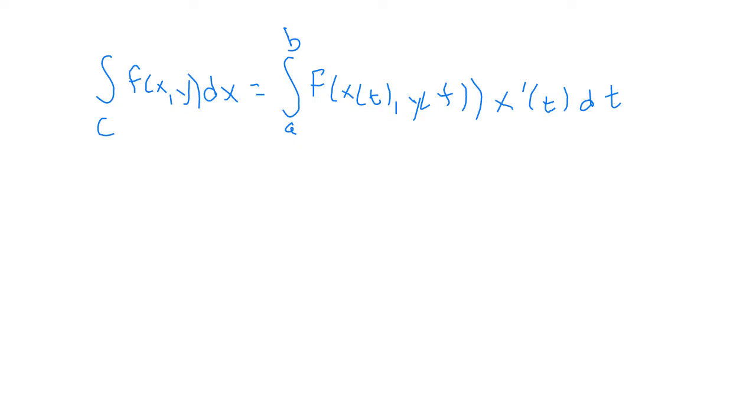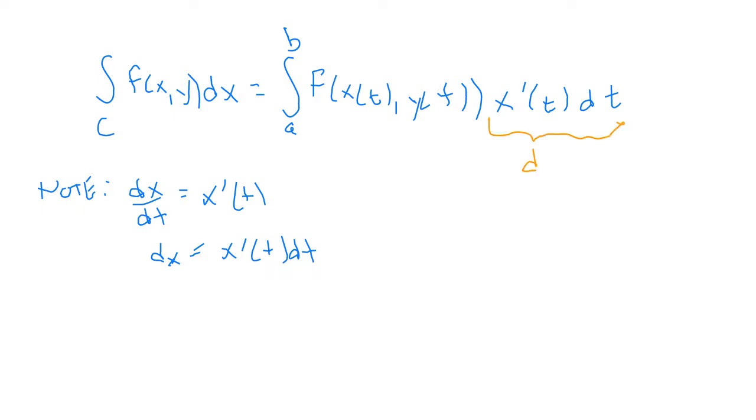Now, we know that dx/dt is equal to x prime of t, right? So therefore, dx will equal x prime of t dt. And so what they're doing is replacing x prime of t dt with dx. That's what you're seeing in example 4. Okay, are there any questions on that?